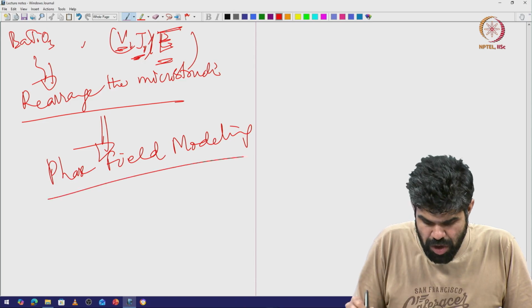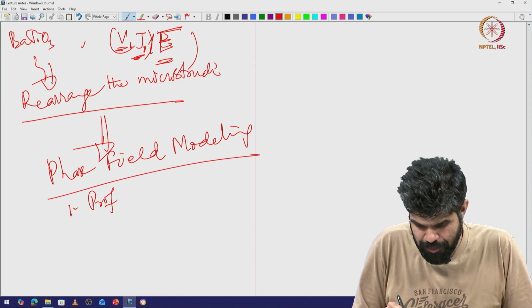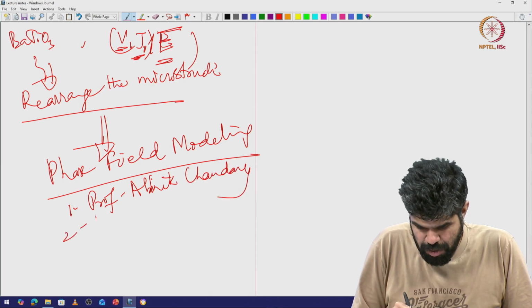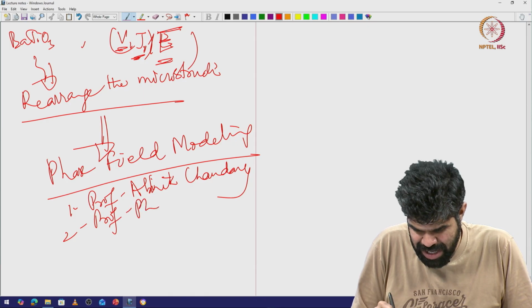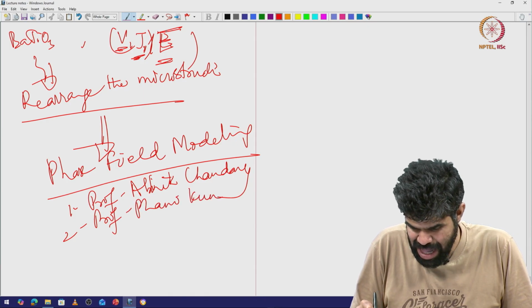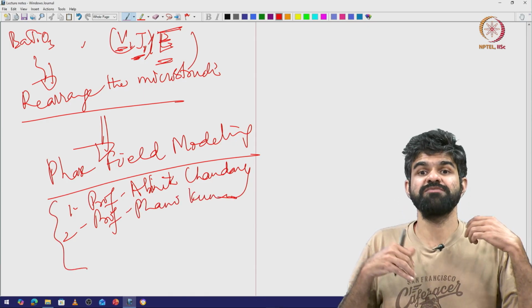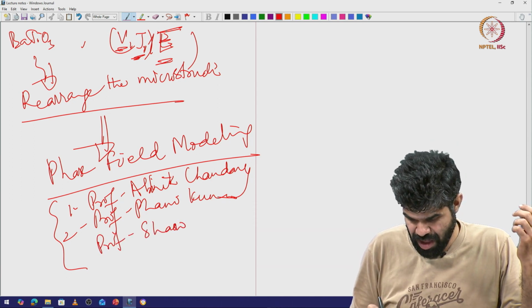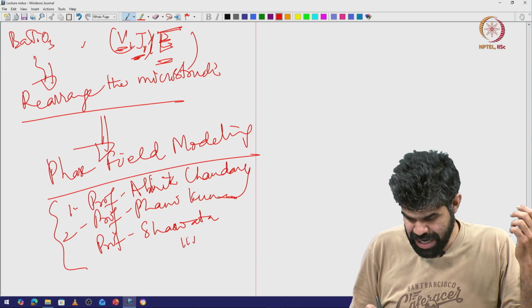Okay. So, if you talk to Professor Abhik Chaudhary from IISc, if you talk to Professor Panikumar from IIT Madras, all these people are experts in phase field modeling. Professor Shaswata Bhattacharya from IIT Hyderabad, right.